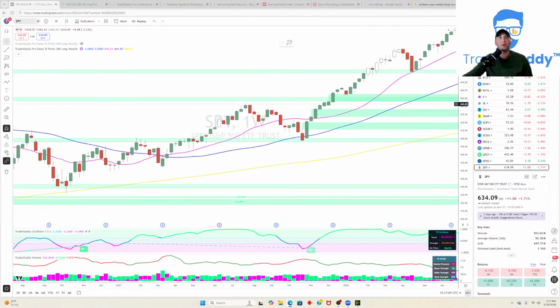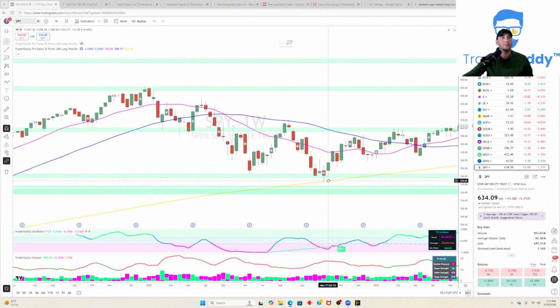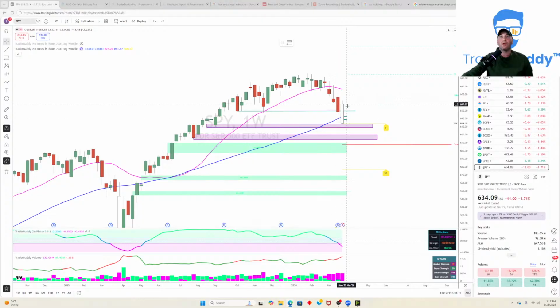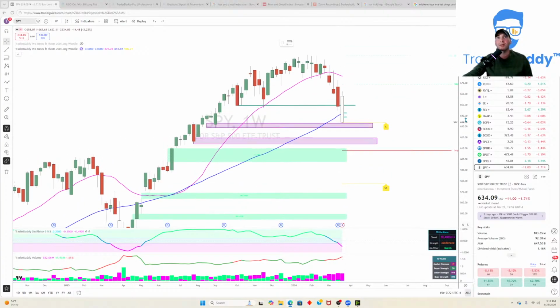If you go back to 2022, we didn't last that long either. So at some point, we're going to hit one of these two levels. Probably, I'm going to guess the second one here, because you can see this was the last level where there was massive institutional buying, on a big scale, right around the 610 area.